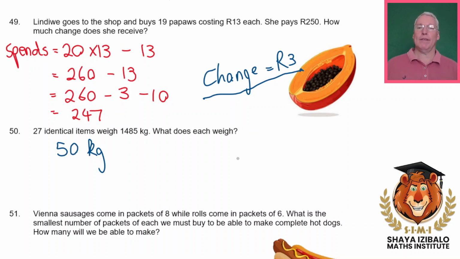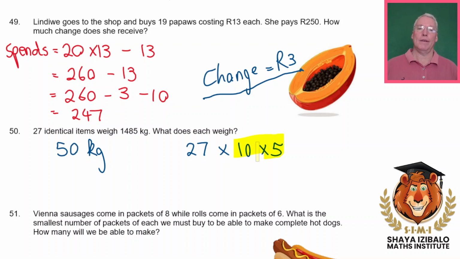Okay, so 27 times 50 is not too bad, because it's 27 times 10 times 5. Are we okay that this is just 50?